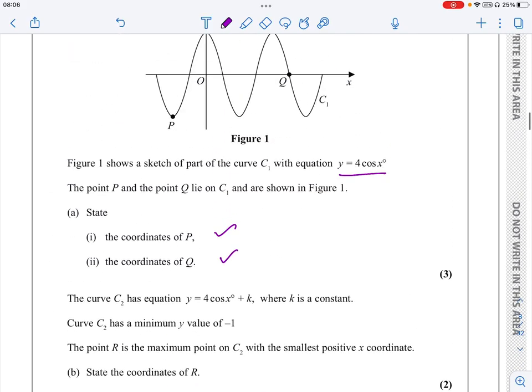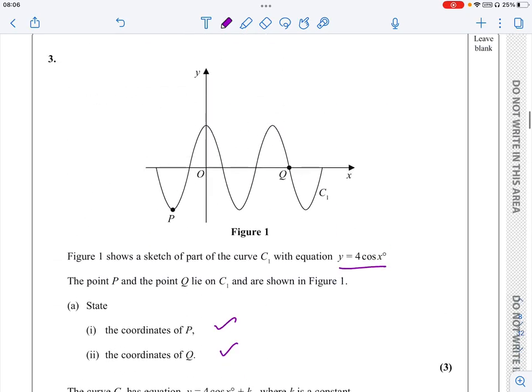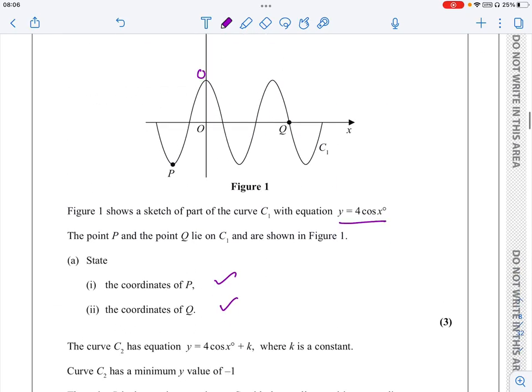4 cos x. So cos x will be 0 at 90 and 270, 450, and likewise at negative 90 and negative 270. Cos x is 1 at 0 and 360, and negative 1 at 180.